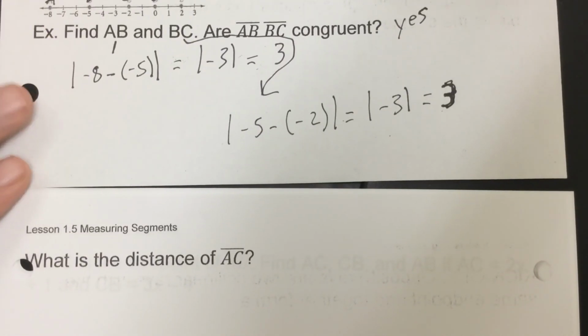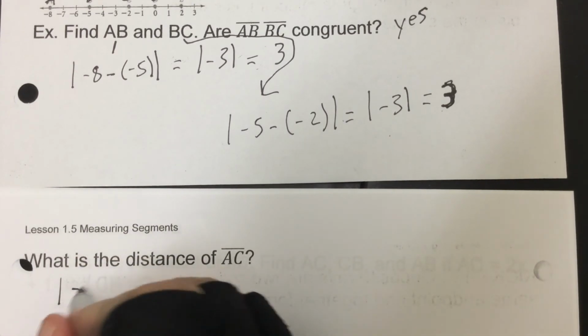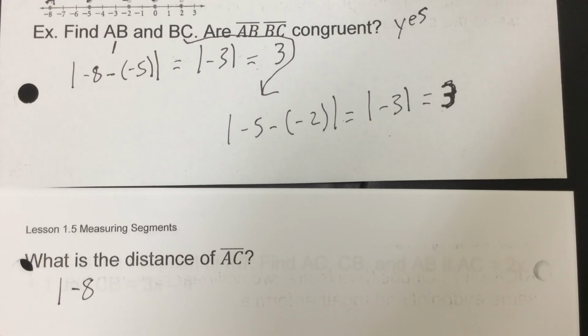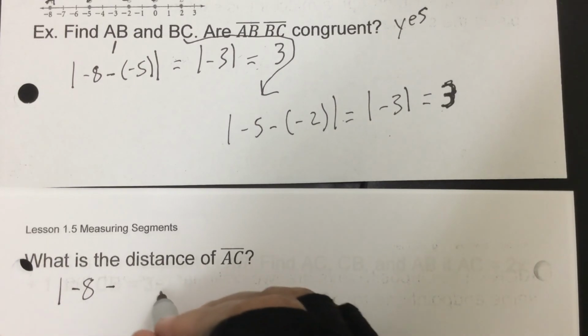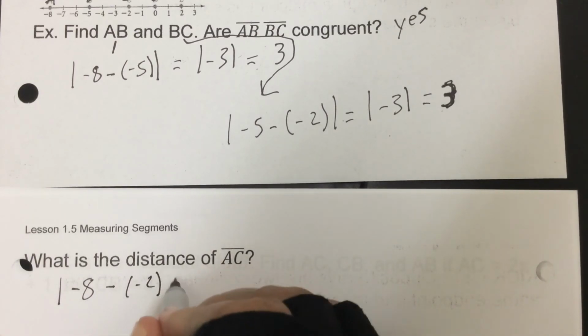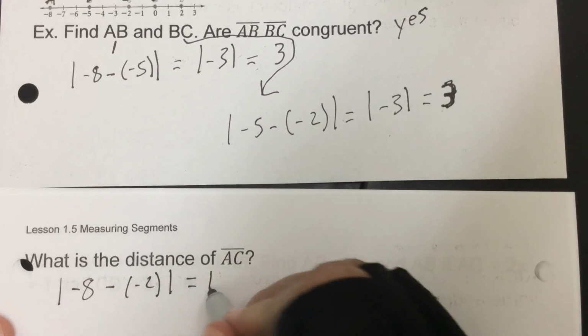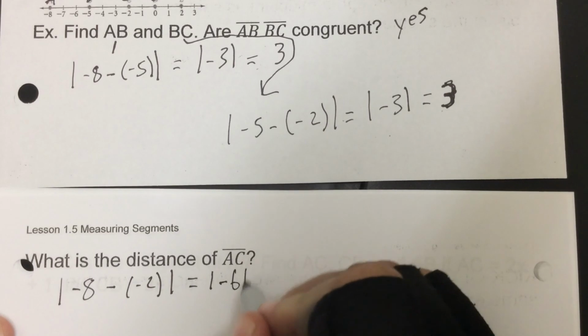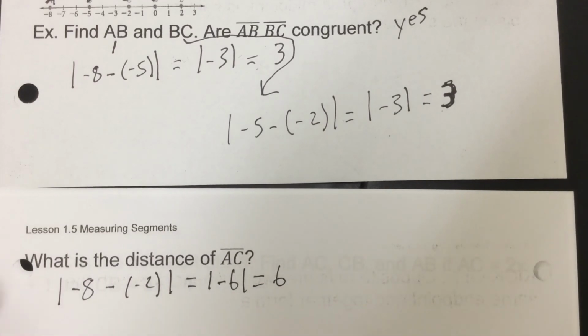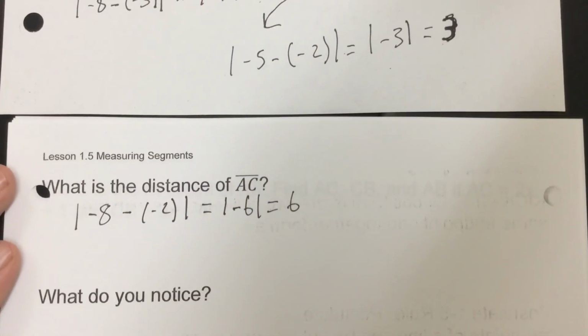So what do you think the distance of AC is? Well, let's find out. A is at -8. We would subtract where C is, which is at -2. -8 minus -2 is, which is 6. So what do you notice about that?